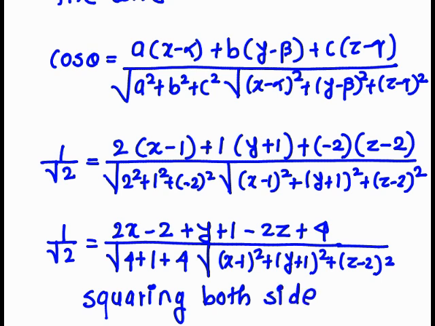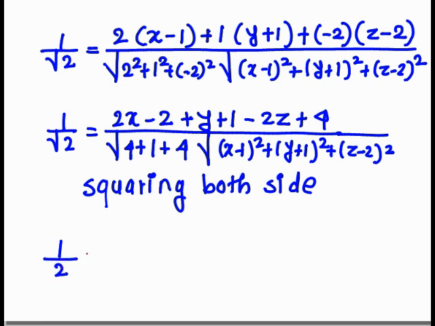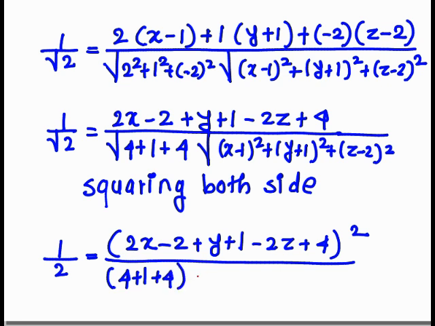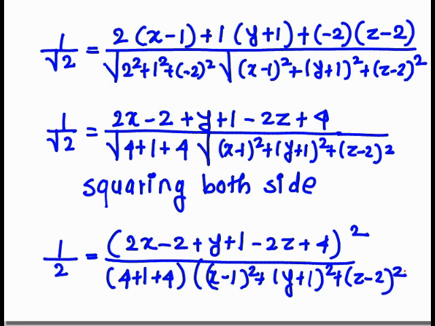We get the square of 1 is 1, the square of root 2 is 2, is equal to (2x - 2 + y + 1 - 2z + 4) the whole bracket square, and in the denominator the square roots get removed, so we get 4 plus 1 plus 4 and (x - 1) square plus (y + 1) square plus (z - 2) square.